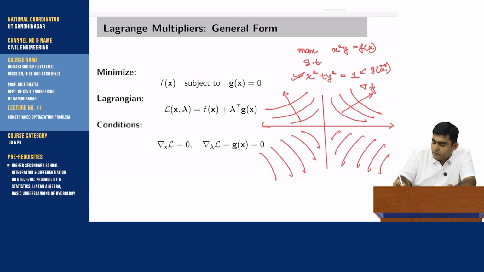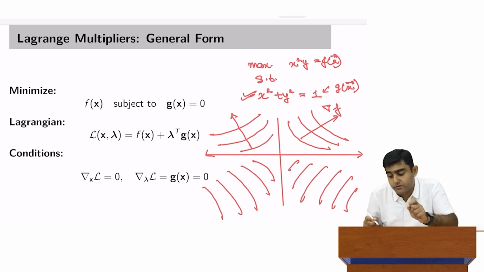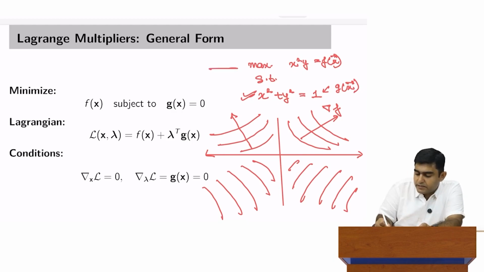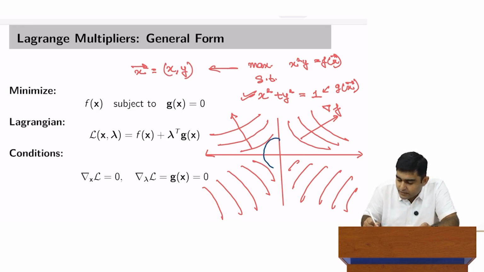I should use vector notation, because x and y are involved. I should not just say this is a function of x; I can say that the x vector comprises x and y. Now, it is increasing in this direction, and I have one constraint sitting right here, which is x square plus y square equal to 1, the equation of a circle with center at 0, 0.